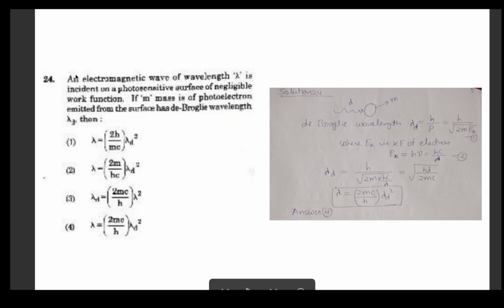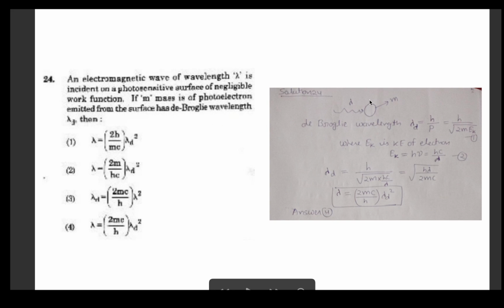In the 24th question, they asked: an electromagnetic wave of wavelength lambda is incident on a photosensitive surface of negligible work function. That means to remove an electron, we need not expend any energy.